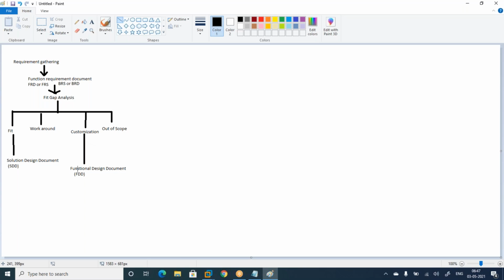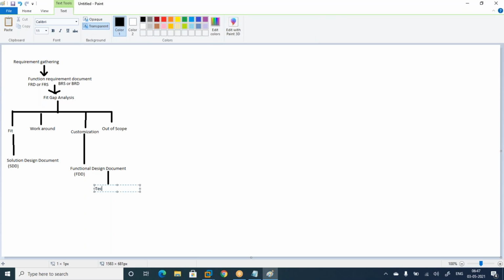For customization, we prepare the functional design document. From this, technical people will prepare the technical design document.